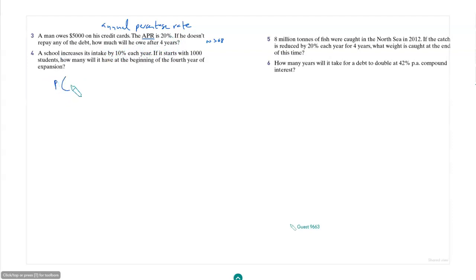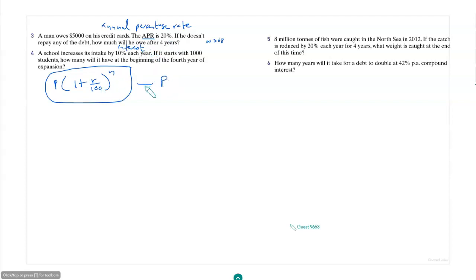So P into (1 plus R by 100) whole raised to n. This will be the total amount that he has to pay, right? Now, if they ask you how much interest he will owe after 4 years, you have to subtract the principal.